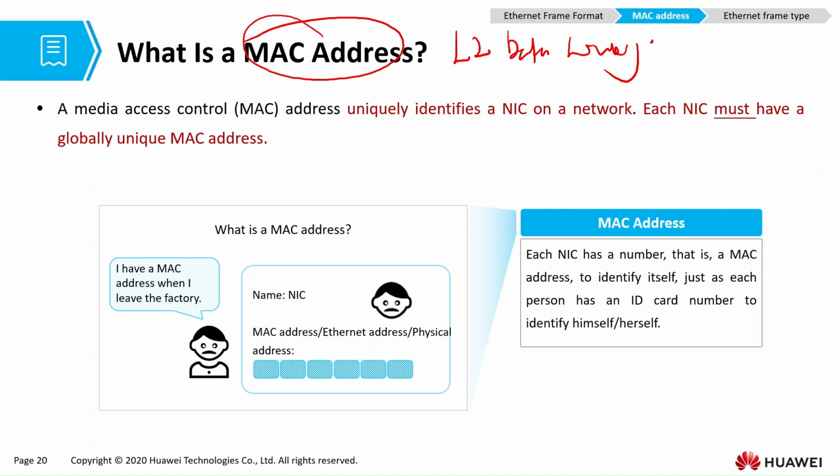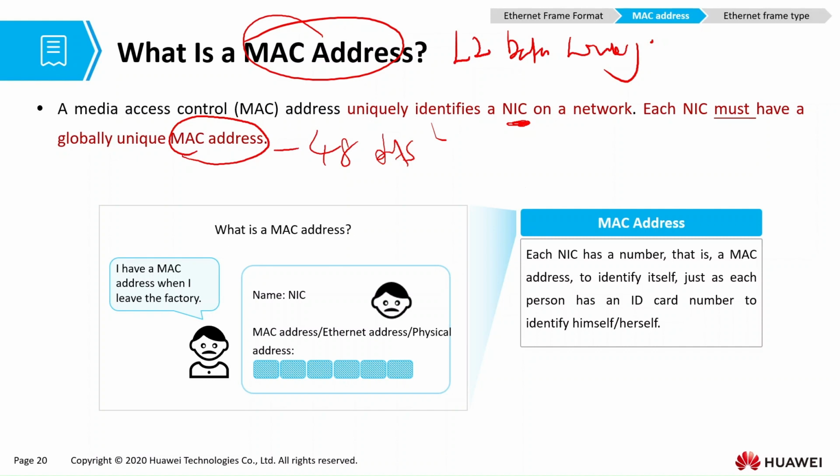Later, we will see one slide to differentiate it. But you need to remember your MAC address is a unique identifier based on your NIC. That means each NIC must have a globally unique MAC address that consists of 48 bits. So that when your PC connects to the internet, they know who is connected.